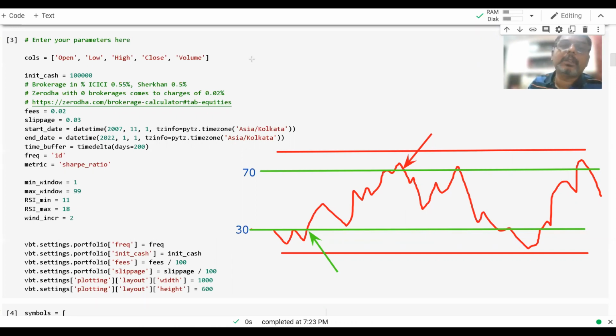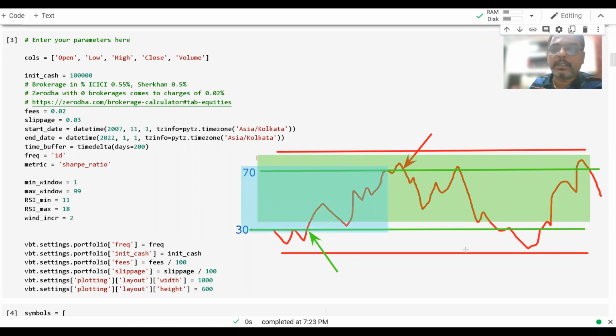So what I'm planning to do today is, instead of 70, let me change the color one more time to green, we can use a different set of ranges that we can test. And instead of 30, again we could use a different set of ranges. So let's say you want to use these kind of ranges.